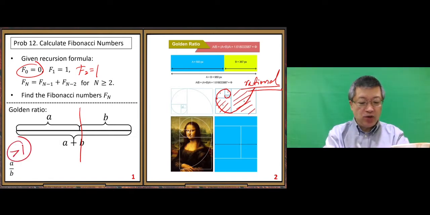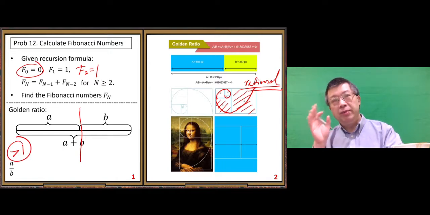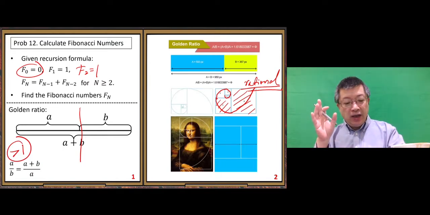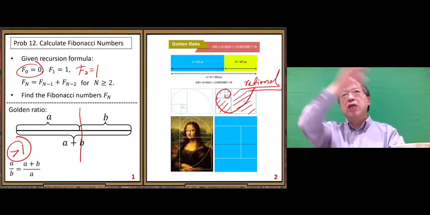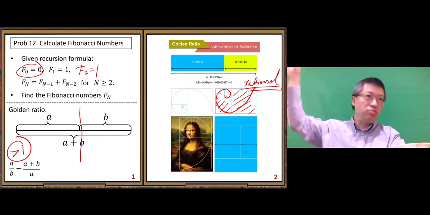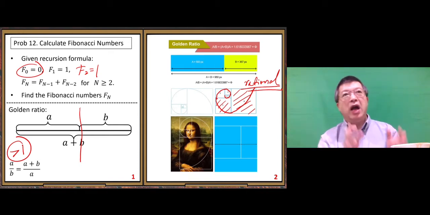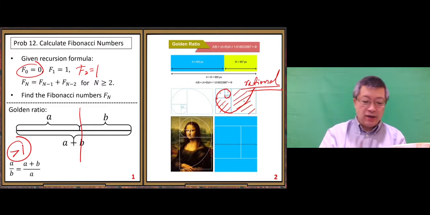It equals the whole line segment, A plus B, over the larger segment A. That's also greater than 1. So we have this equation.